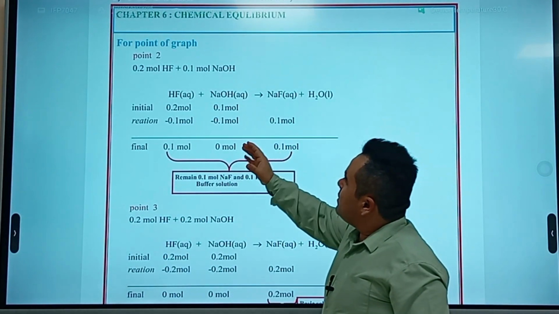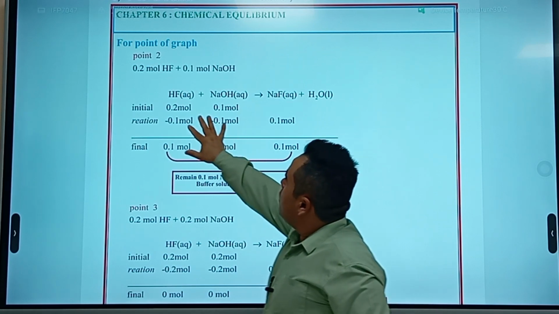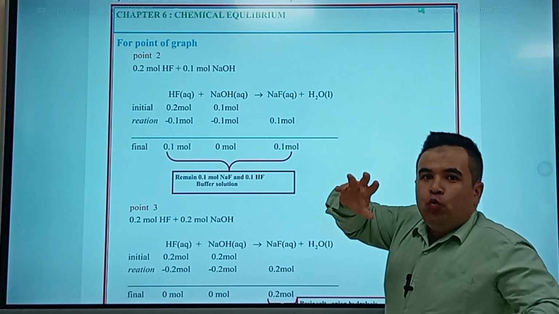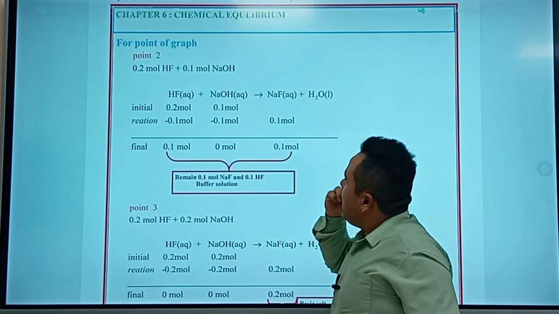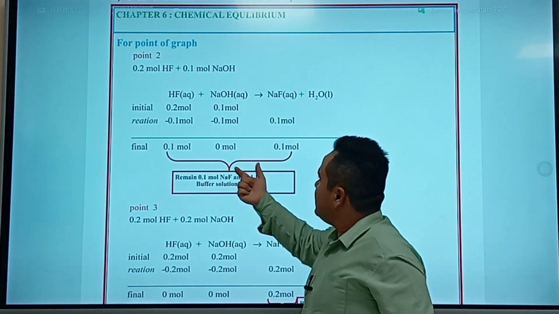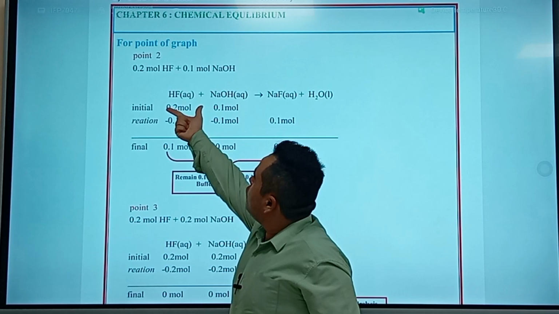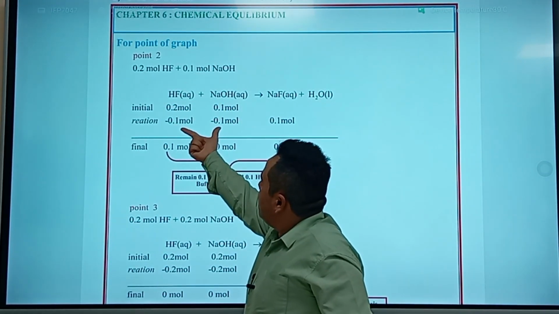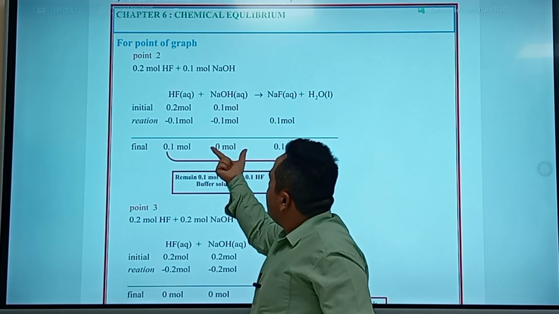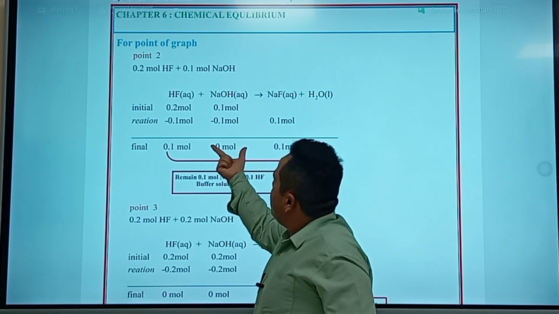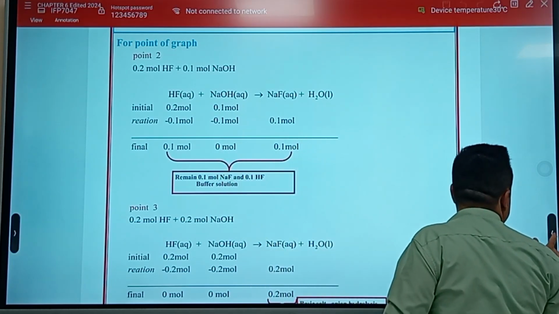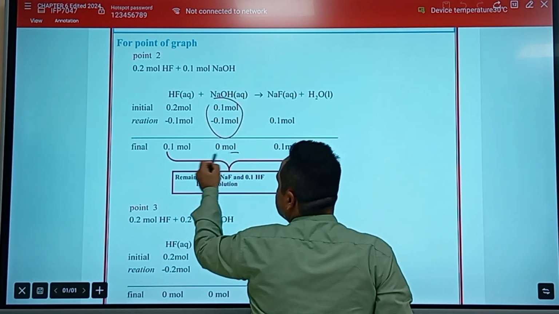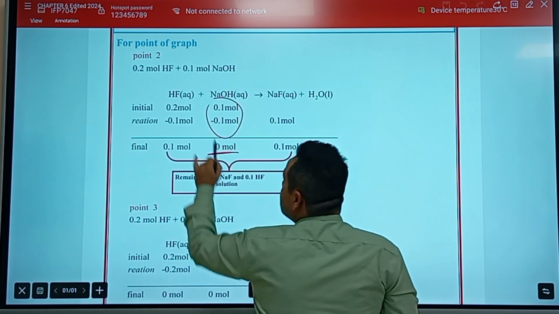Here we have some combinations of a weak acid with a strong base and a weak base with a strong acid, to form a buffer or not. As you can see, if the amount of the weak is higher than the strong, as a result all of the strong base will be consumed. 0 mole left.